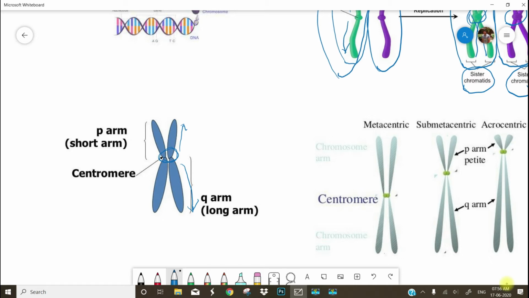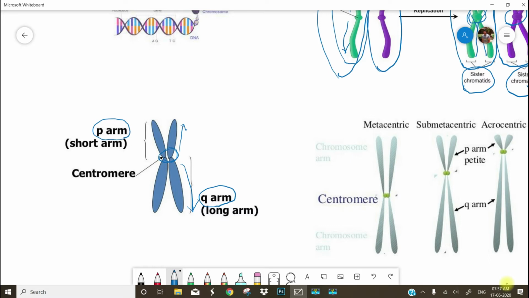We can call the long arm the Q arm and the short arm the P arm. So the short arm is also known as the P arm and the long arm is also known as the Q arm. It is important to see the position of the centromere to identify a chromosome. Chromosomes can be distinguished on the basis of size and relative location of centromeres.